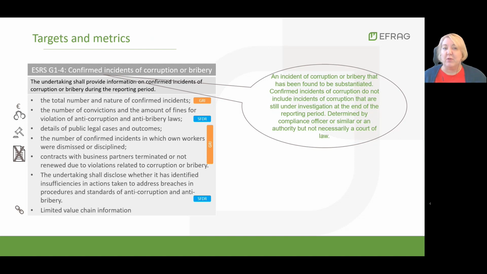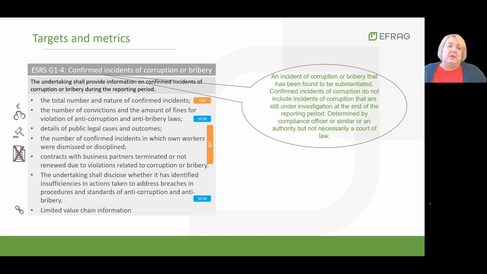That is what we mean by a confirmed incident of corruption or bribery. Important to note here that you do not need confirmation of a judge or a court case or anything like that. The confirmation can be internal, by somebody similar to a compliance officer, but also external, by an authority, like a regulator, etc.